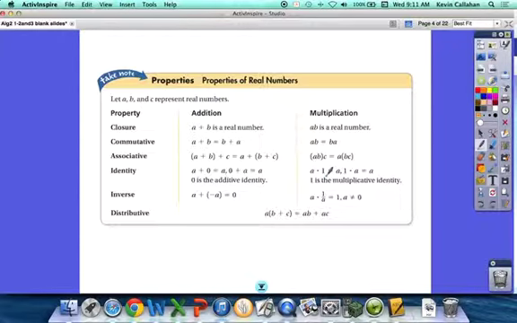For multiplication, what's the one number you multiply by that doesn't change the value? 1. Okay. Now, the inverse property is what do you add to a number to get back to the identity element? Right? What do I add to 2 to get 0? Negative 2. Right? You always add the opposite to get back to the identity element of 0. What do I multiply by 4 to get 1?